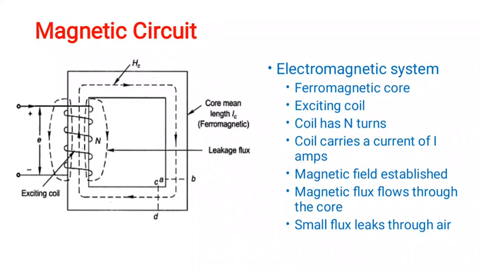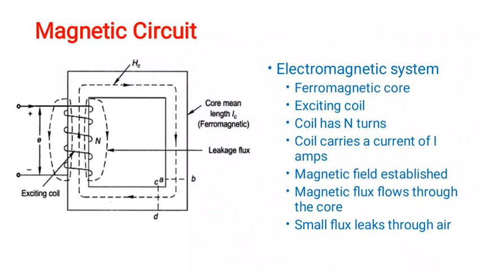What is happening here? You give a supply through a coil wound on a ferromagnetic core. When current flows through that coil, an MMF is induced, and because of that the flux flows through the core.